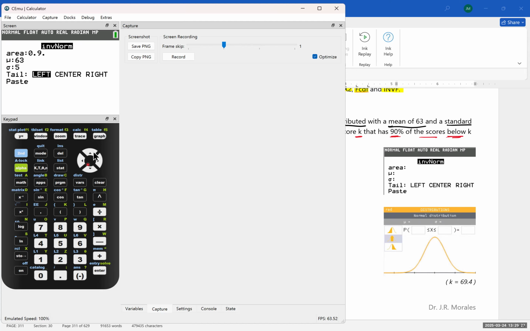I made a mistake, this should have been a 0, that would have given me an error. So if I put paste and hit enter, it's giving me a number of 69.41.